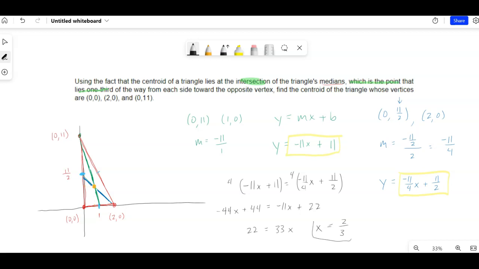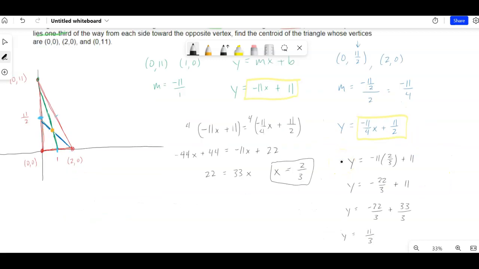So x is equal to 2/3, and then I can plug that into either of these original equations and get the y coordinate of that centroid. Plugging in here, I get negative 11 times 2/3 plus 11, and with a little bit of math, y is equal to 11/3. It's no coincidence, just based on the definition that they told us, that it's a third of the way.